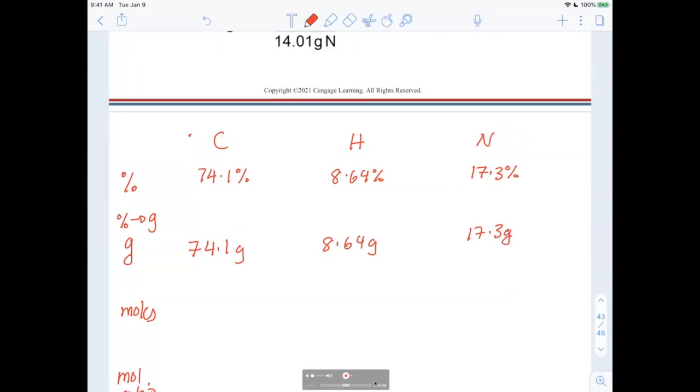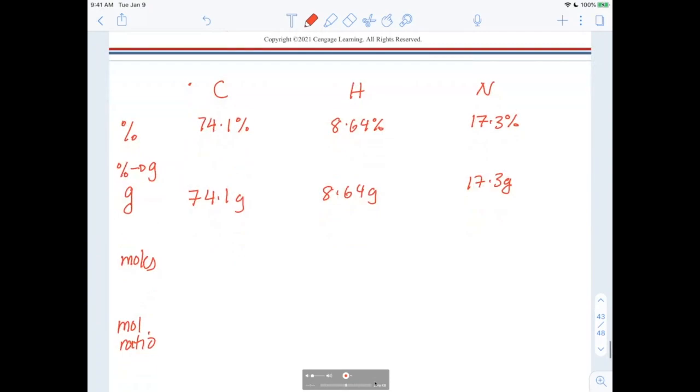To get to moles, you take 74.1 divided by carbon. Carbon is 12, right? This is gram per mole. 8.64 grams divided by 1 gram per mole. Nitrogen is 17.3 grams divided by nitrogen, which is 14 grams per mole.